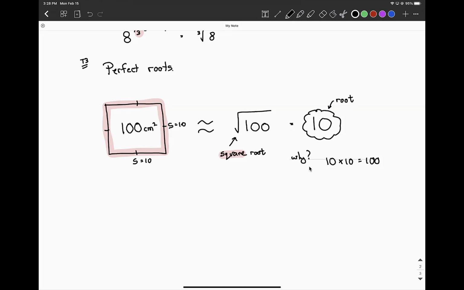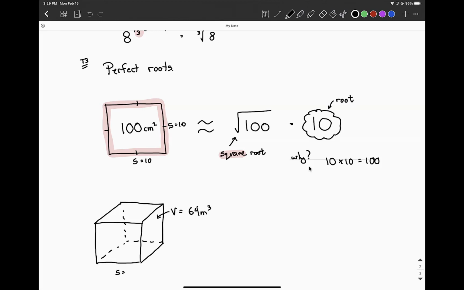Now, this is not the only kind of root we would ask you to take. If I extended this and drew a cube, a perfect cube, all the lengths are equal. And I told you that the volume of this cube was 64 meters cubed. How big's the side? We could work backwards through this cube.